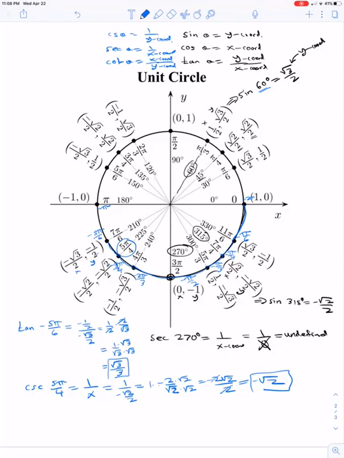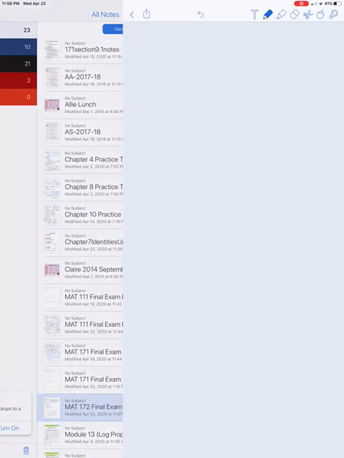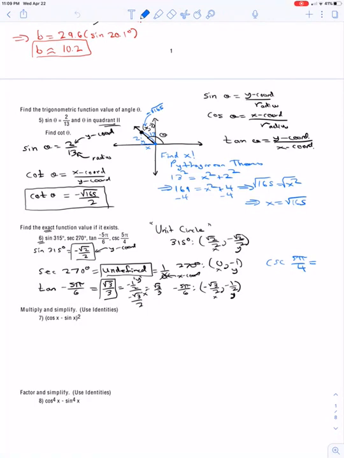All right, let's go back to our review problem. Using the unit circle makes all of these quick and easy. So there's the cosecant function value of 5 pi over 4. And where did that come from? We'll write down here from the ordered pair of the unit circle, negative square root of 2 over 2, negative square root of 2 over 2.